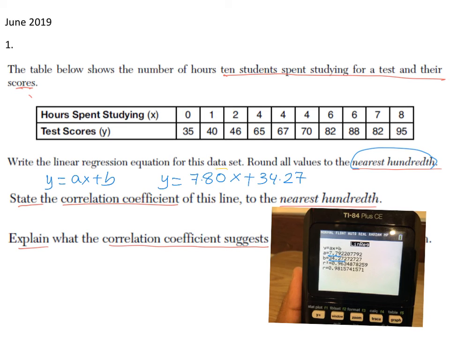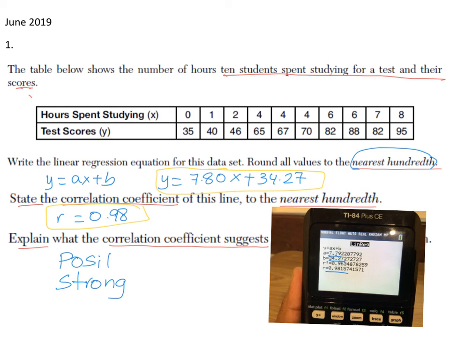So that's our first answer. Then we want our correlation coefficient, which is down here, 0.98. And then we have our relationship. We know it's close to 1, so it's strong, and we know it's positive, so a strong positive correlation.